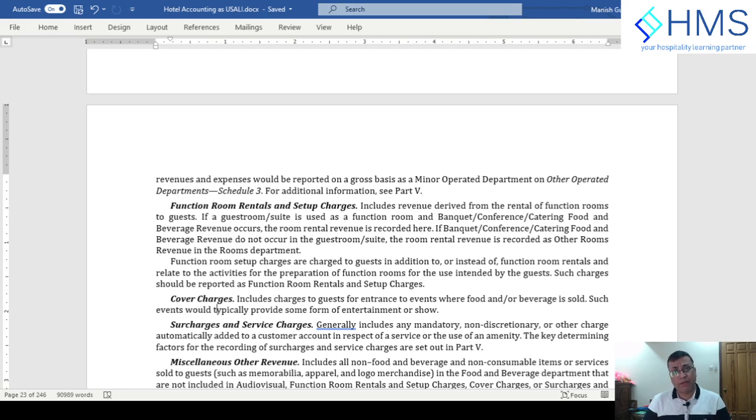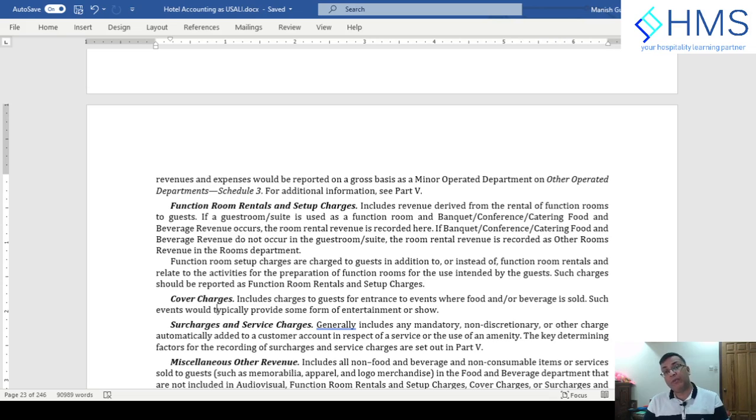Then you have cover charges. Now the cover charges usually are entrance fees, plus also sometimes there is a minimum spend set by the hotel. Let's say for a small function room or a private space, the hotel can say, okay, you can use this, but you need to spend a minimum of $1,000 or $2,000 at this outlet.